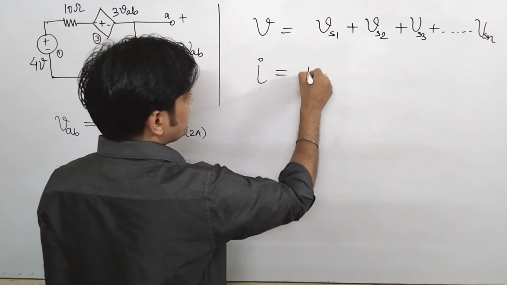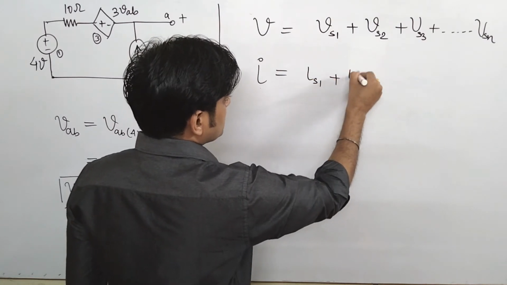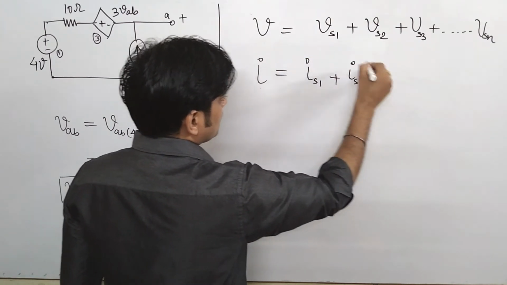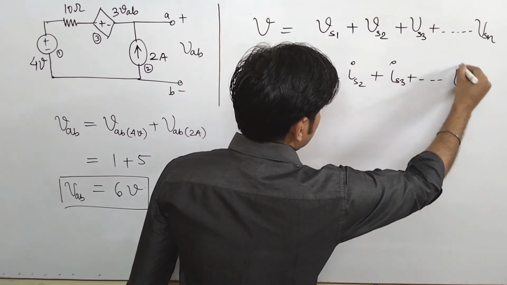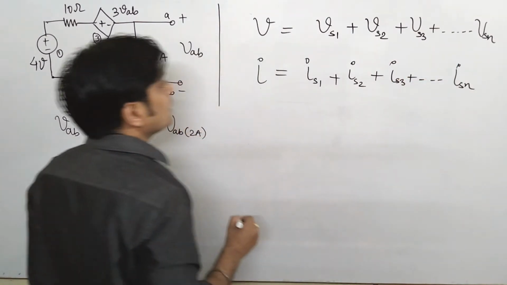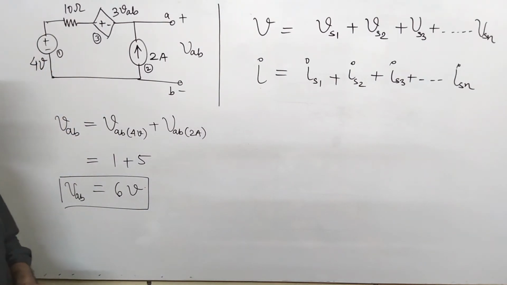Similarly, you can write the current as IS1 plus IS2 plus IS3 plus up to ISN. So this is all about the statement of the superposition theorem.